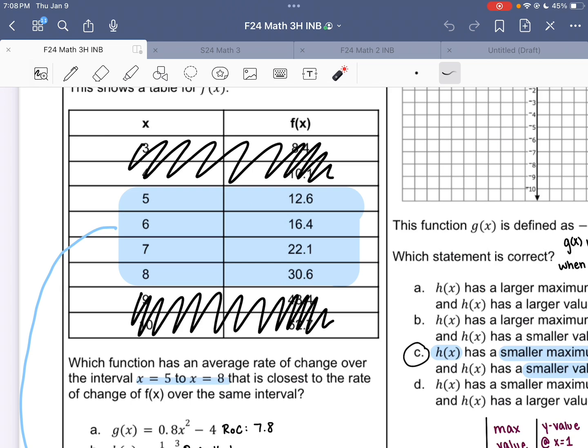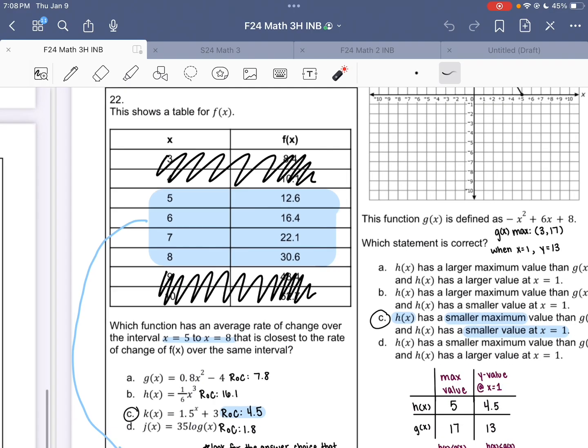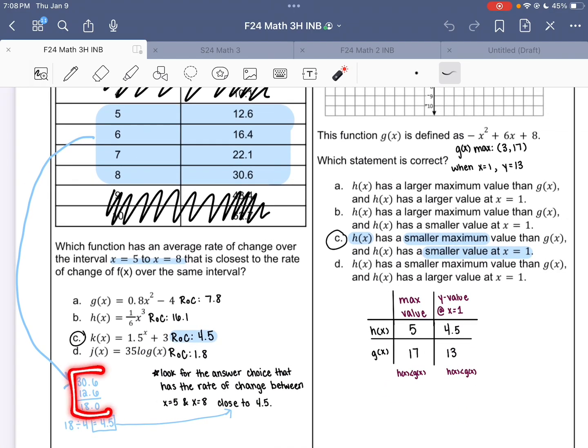I scribbled it out because those extra numbers stress me out and I don't want to see it if I don't need it. So rate of change would be taking your last value and subtracting your smallest value from it. So that's what I did here, and I got about 18. And we're finding the average. So we have 4 values, so I divided it by 4.